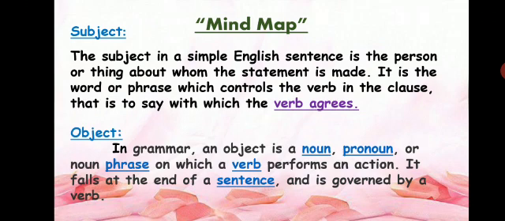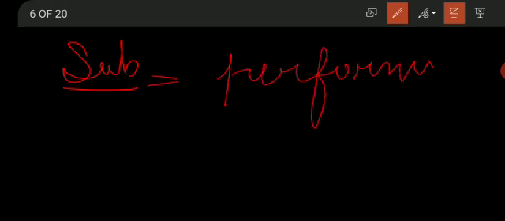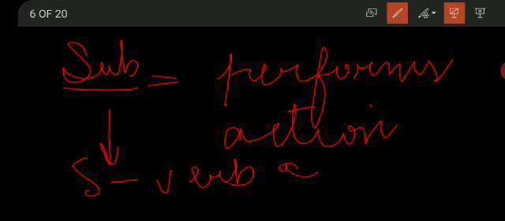It can be a word or a phrase that controls the verb, and it has agreement with the verb. In simple language, the subject is the one who performs the action. So we can say subject-verb agreement.